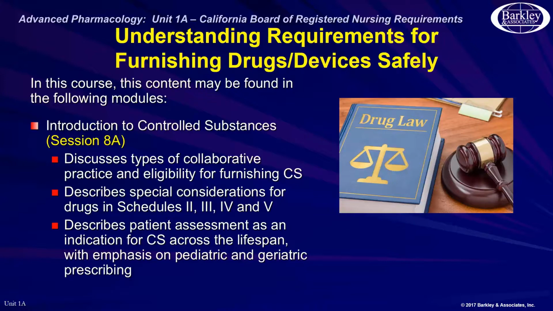It discusses special considerations for drugs in Schedules 2, 3, 4, and 5, and it describes patient assessment as an indication for controlled substances across the lifespan, with emphasis also on pediatric and geriatric prescribing.